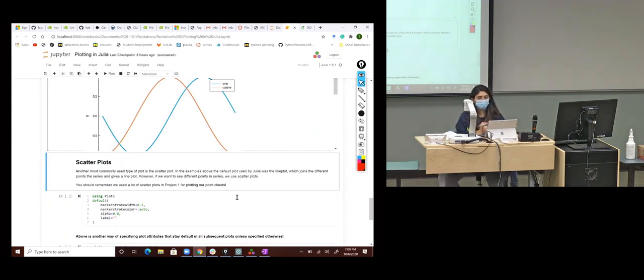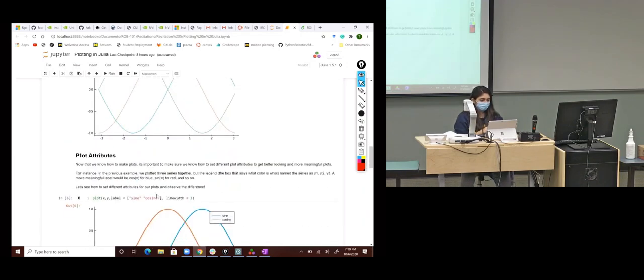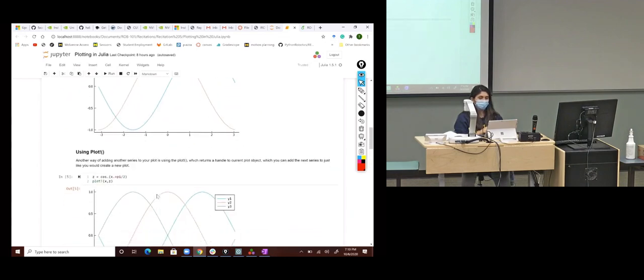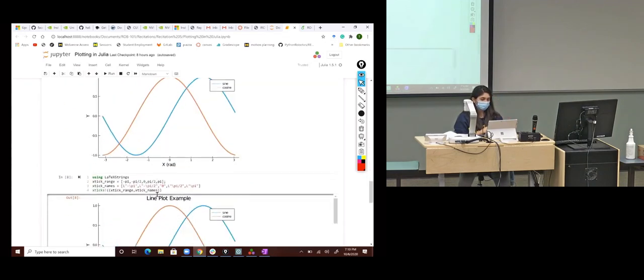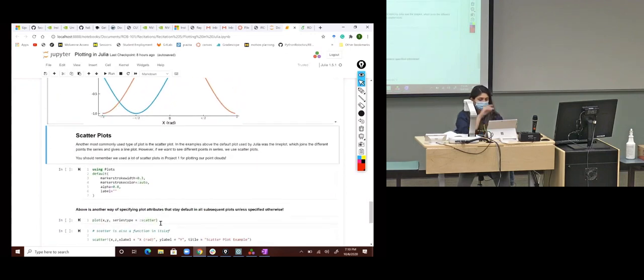Another type of plot that we have been working with, and will continue working with, is scatter plots. Now, in line plots, you saw that I gave it a set of discrete x points, from minus pi to pi separated by 0.1. But it joined those points and gave us a full line.